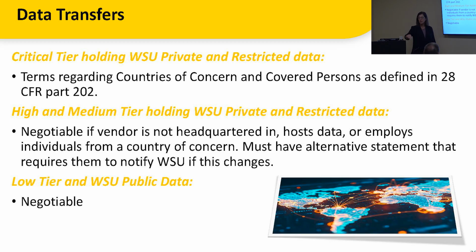That's basically, there are covered countries of concern and covered persons that if you meet a certain threshold of personal data, you should not be transferring data to those certain countries or persons without very specific contractual stipulations. So we're just going to require that to be there in our critical no matter what.